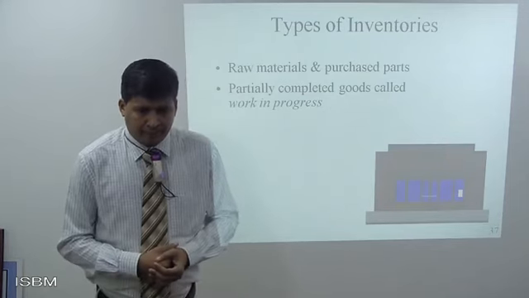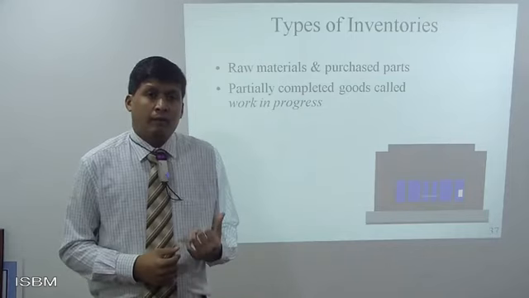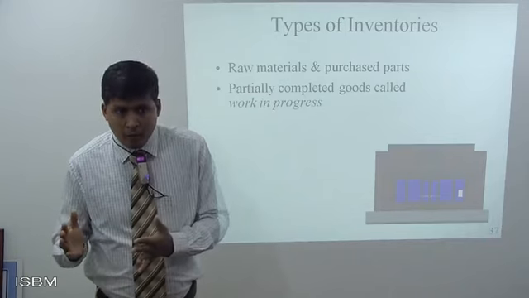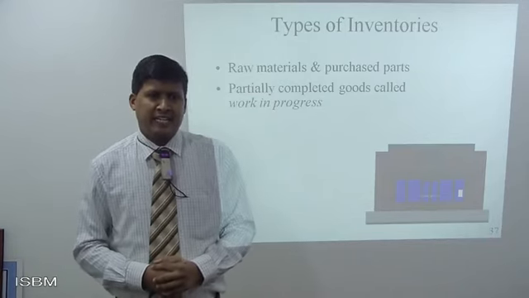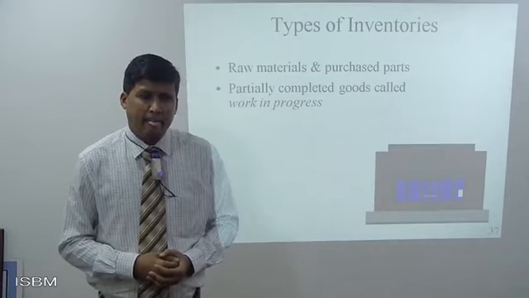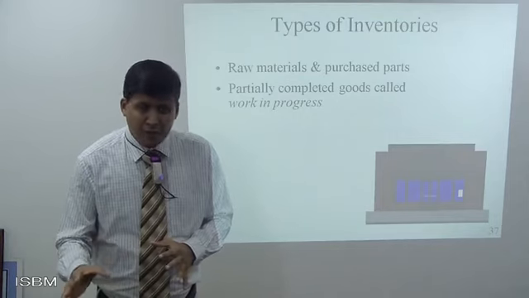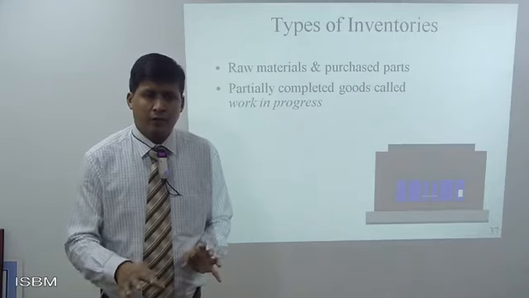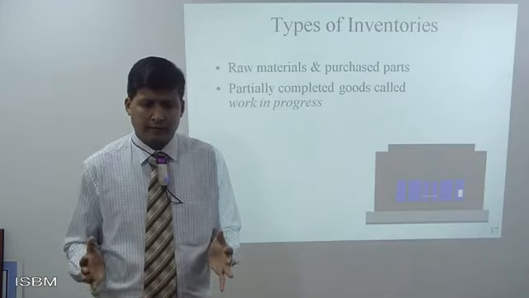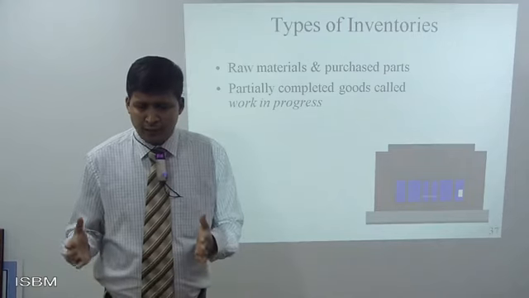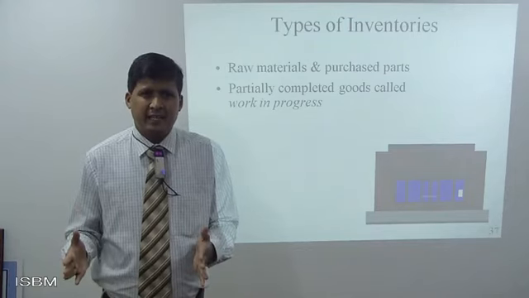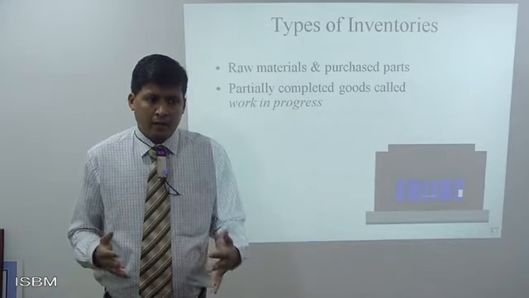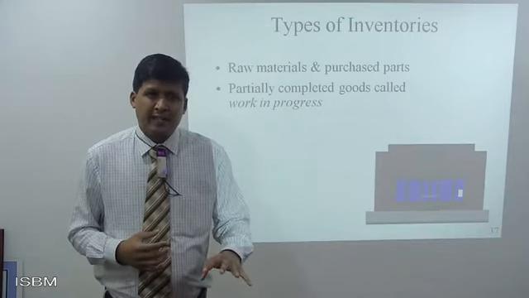Let's take an example of a cake. We know that for preparation of a cake, we need various raw materials, right? From batter, sugar, the ingredients. We need to bake it in an oven. So every part is an inventory.